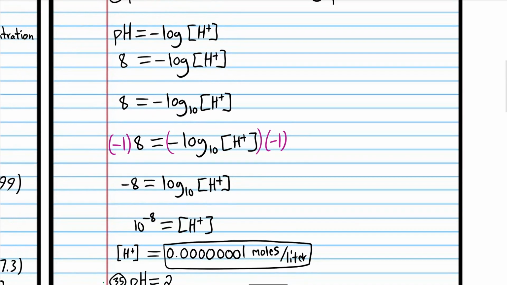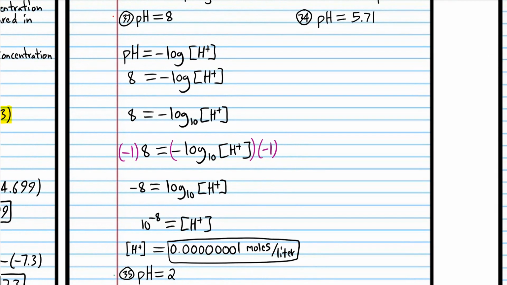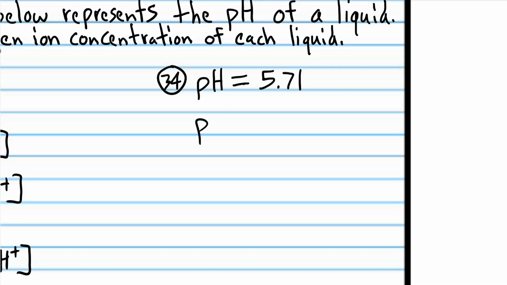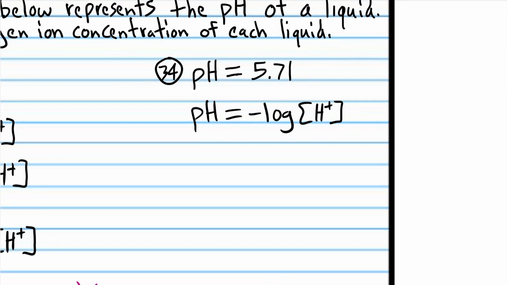So let's try another one of these problems. The pH of a solution is defined as a negative log of the hydrogen ion concentration. The pH is 5.71.